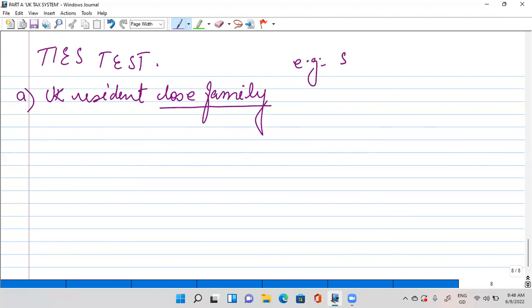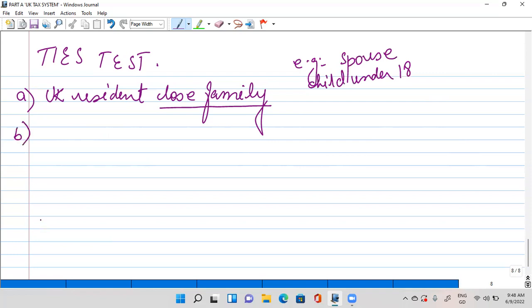The definition says your spouse is your close family member, and your child, if he is under the age of 18, but it doesn't include your parents or your grandparents. So in the MCQs and the case, we have to look for these things. Any of his close family member is a UK resident. This is the first tie, we will say number one tie.